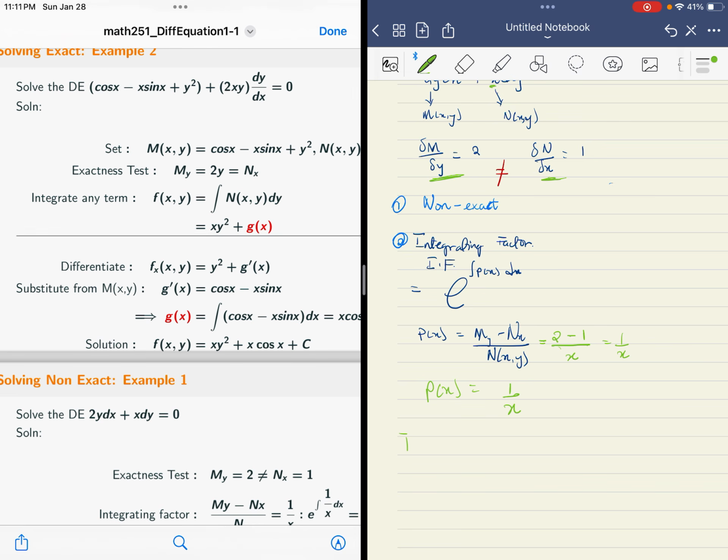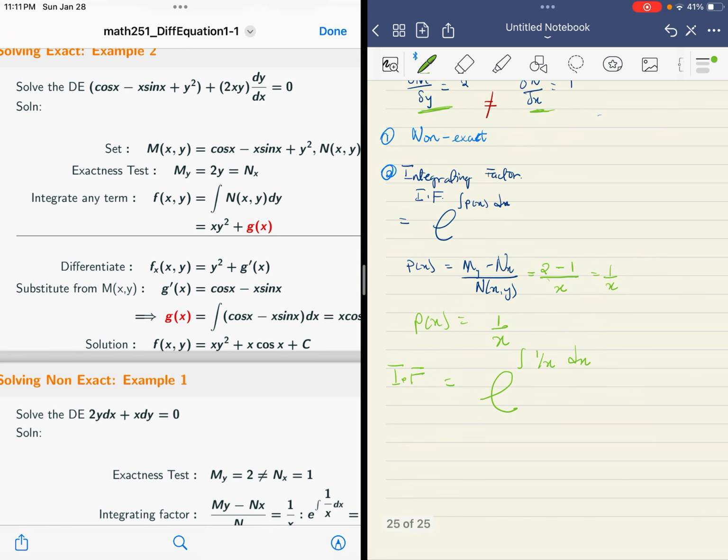And our integrating factor formula tells us that we have to do the exponential to the power of the integral of 1 dividing x with respect to x. At this point, I expect you to know that the integral of 1 on x dx equals ln x.